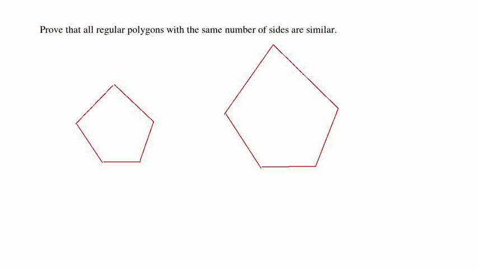So we know, or you might know, that the sum of the measures of all the interior angles of an n-sided polygon is equal to 180 degrees times n minus 2. Okay? So if two polygons have the same number of sides, then their interior angles add up to the same number.